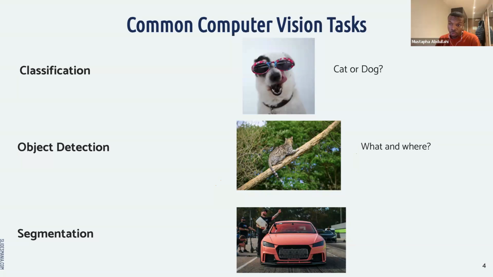One other common computer vision task is what we call object detection. In object detection, you identify the object and its location. Here you can see it's a cat, and you have this kind of box. Your model learns to draw this box around the image, and it identifies the location in space where that object is. So it helps a lot.